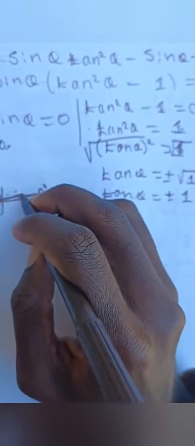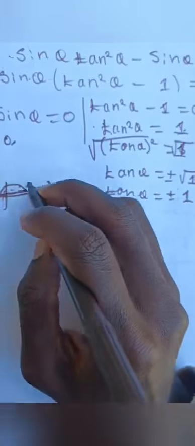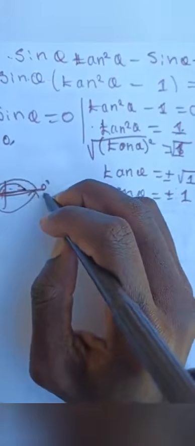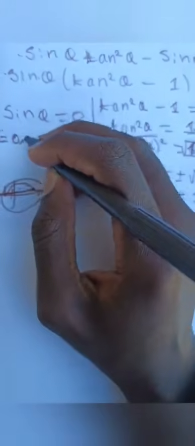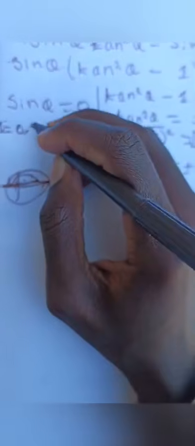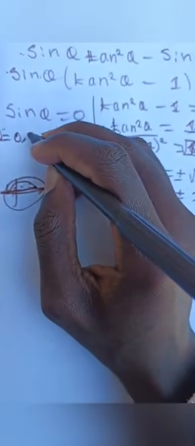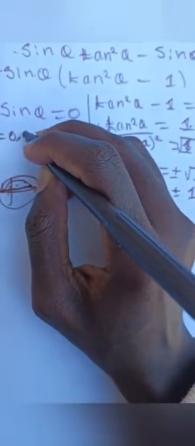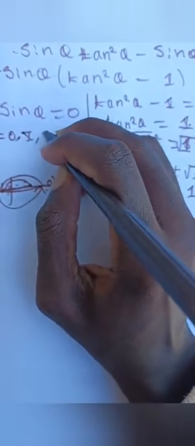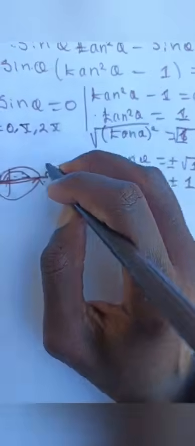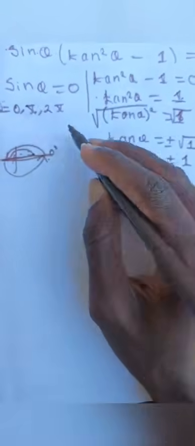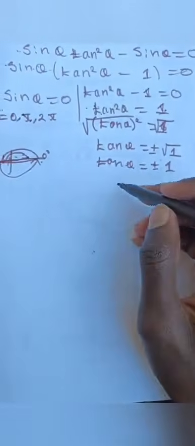Then it can also give us 0 if theta is 180 degrees, which in radians we write as pi. Also, if theta is 360 degrees, that's 2 pi. But if you want, you can just end at pi. These are the possible values.